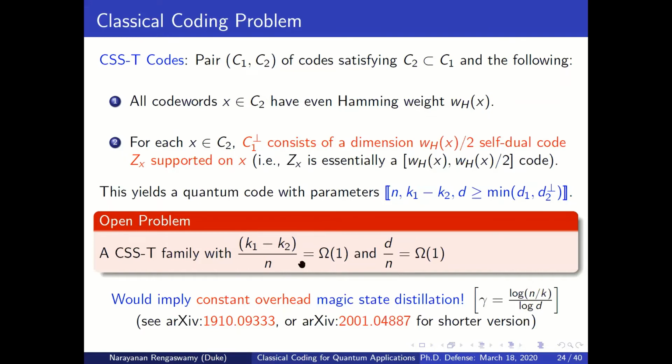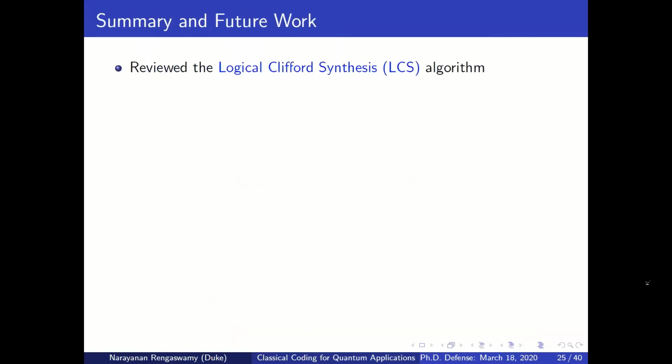But if we can prove that such a family exists, then we can do constant overhead magic state distillation. And this is an important protocol for doing universal quantum computing. And this would basically mean a tremendous decrease in resources. So this is a very nice open problem that comes out of a classical coding connection that is inspired by transversality. And this is the third contribution.